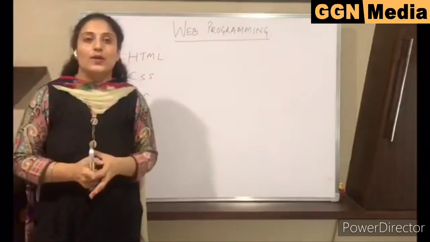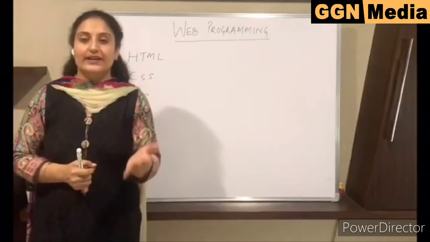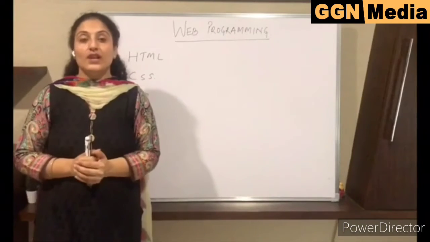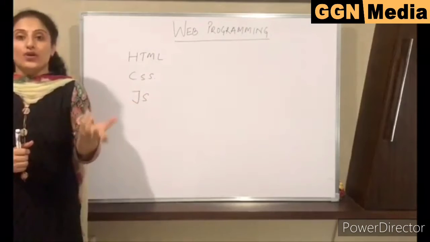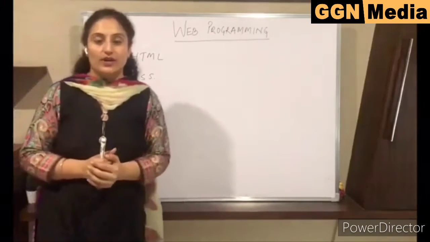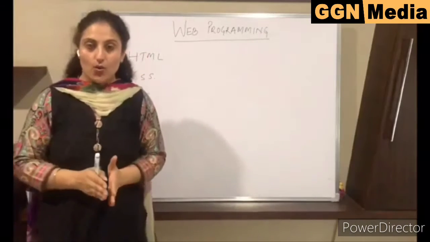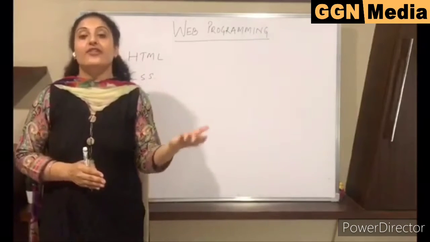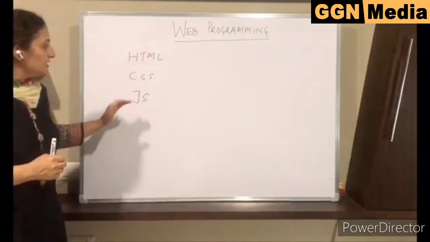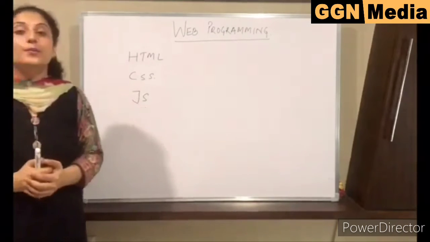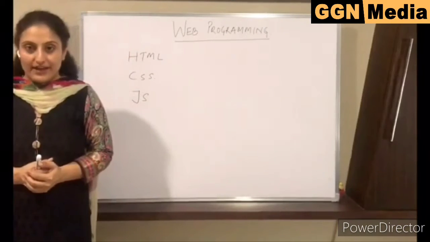A scripting language is a language that is interpreted at runtime. JavaScript allows you to do some programming because it is a programming language. The programmer is allowed to create programming code in order to give a dynamic factor to your web page. So JavaScript allows the programmer to add interactivity to your web page.